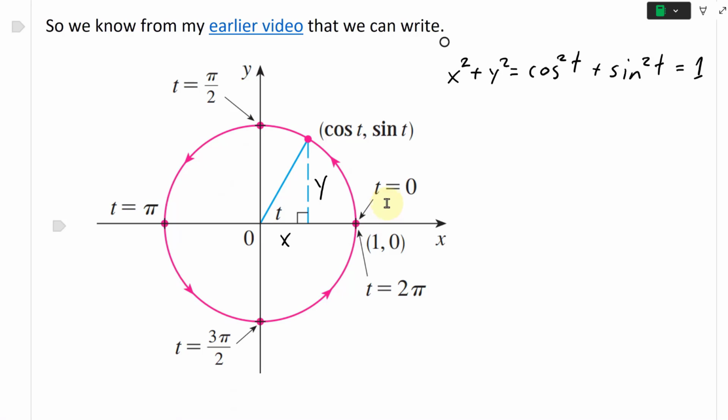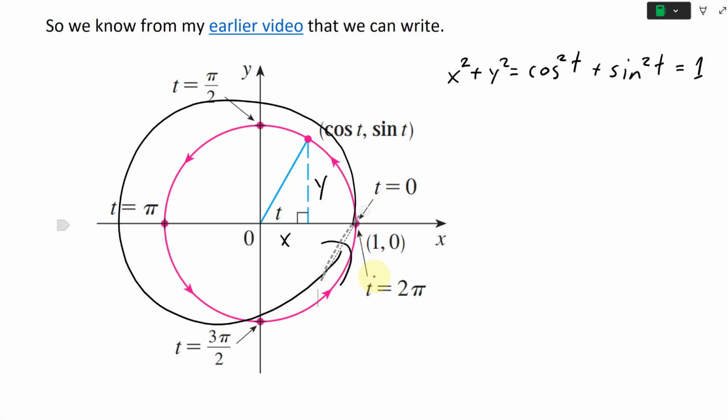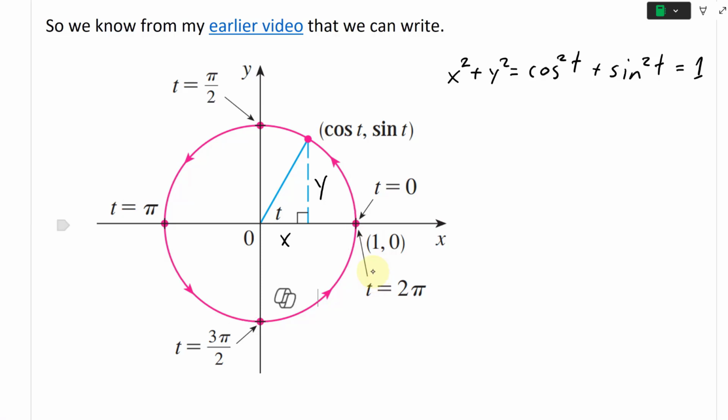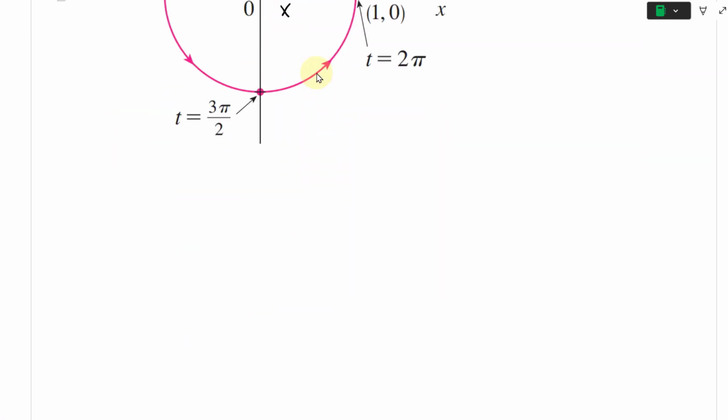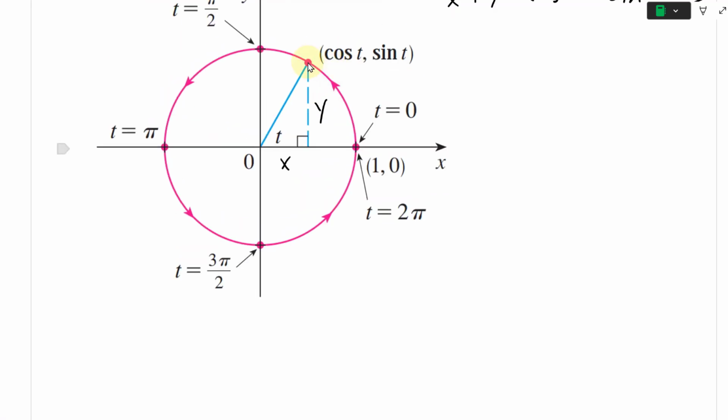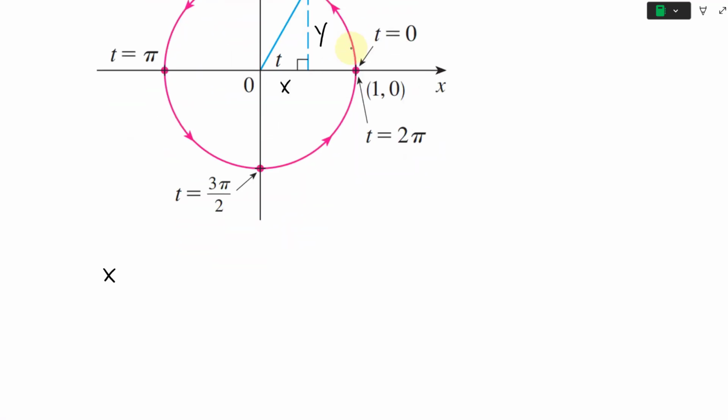When t equals 0, plug into cosine of 0 is 1, sine of 0 is 0, so we have 1, 0 as a starting point. And then it loops all the way around in a circle, like that. So that is what we have. And yeah, we know from my earlier video that we can write these as parametric equations. So the x component is just going to equal cosine of t, and the y is equal to sine of t.